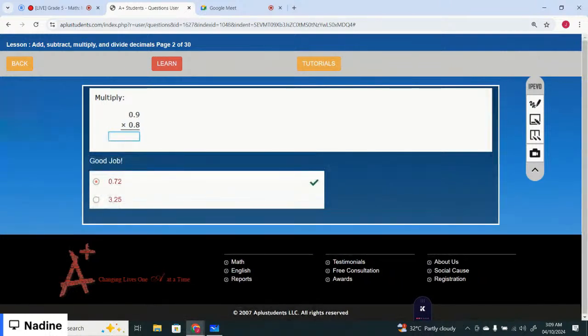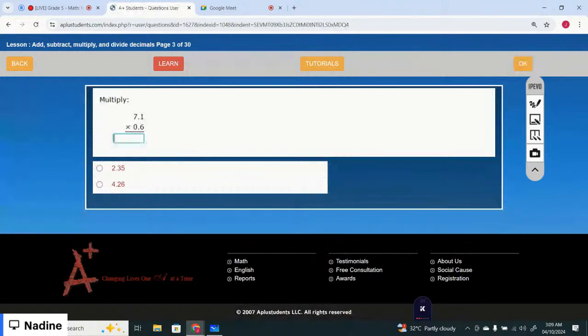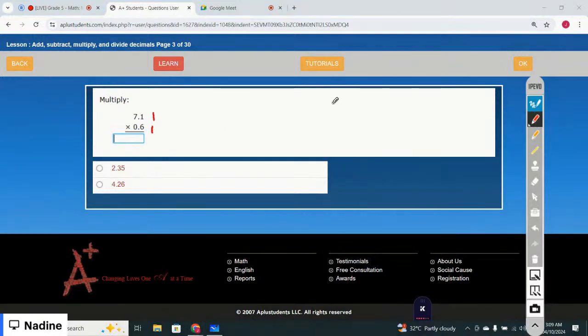Okay, the next one is 7.1 times 0.6. Let's just multiply them without the decimal. They both have one decimal places. Multiply them without decimal place. 6 times 1 is 6 and 6 times 7 is 42. So 1 and 1 makes 2. The answer must have two decimal places. So you need to move decimal point two places left. So it would be 4.26.